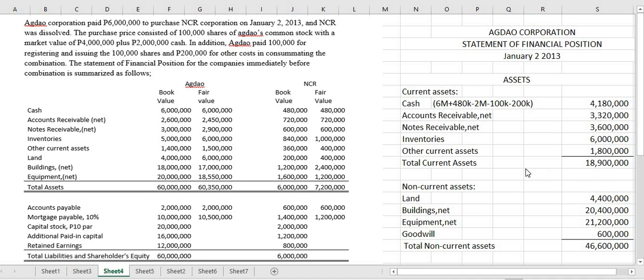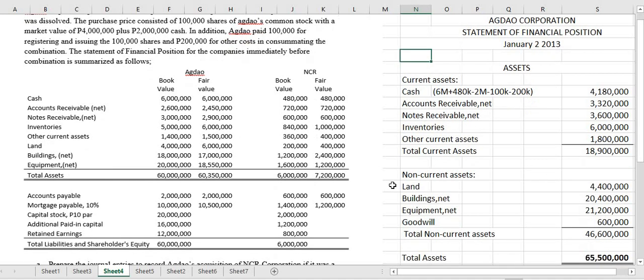Okay? And then for the non-current assets, our land is 4 million for Agdao and 400,000 for NCR, that's 4.4 million. Our building, 18 million for Agdao and 2.4 million for NCR, that's 20,400,000 in total.